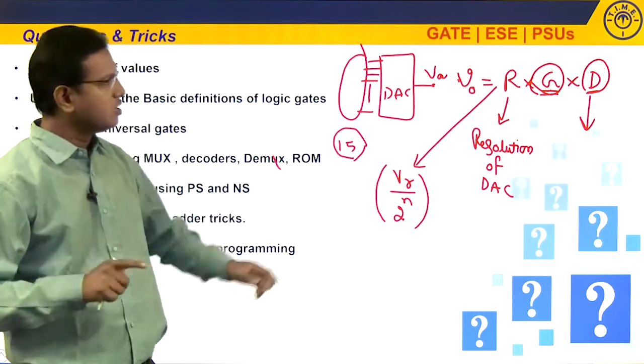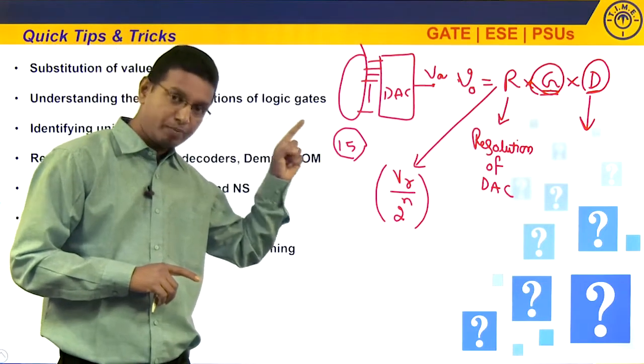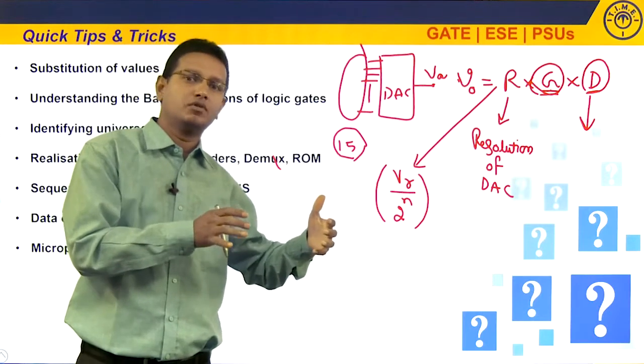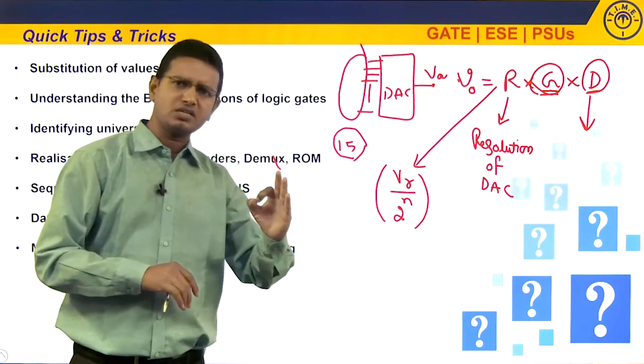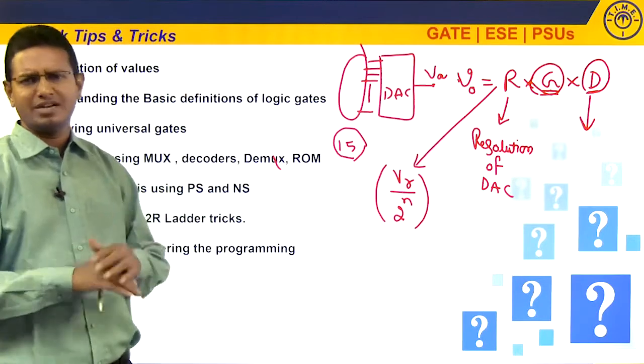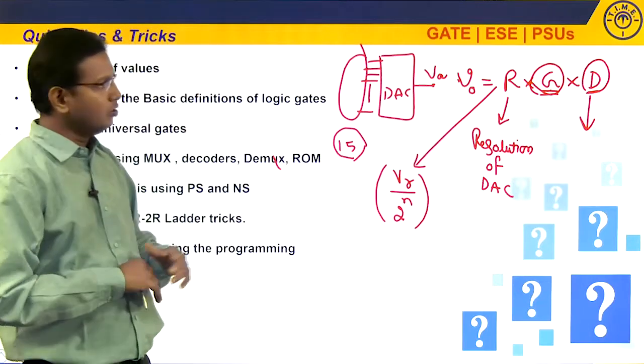So remember, tricks are very important, especially for competitive examinations like GATE where time is very limited. In just 3 hours, you should be able to do all the questions, so approximately 3 minutes for each question.